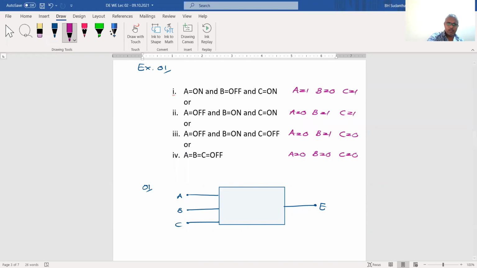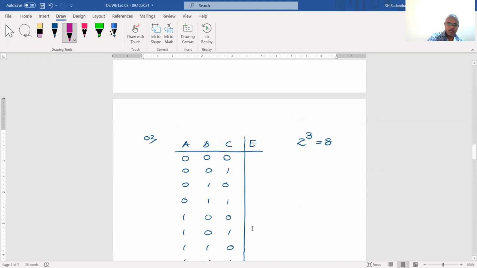To get the number of combinations, how many variables are here? 3 variables, it means 3 inputs.